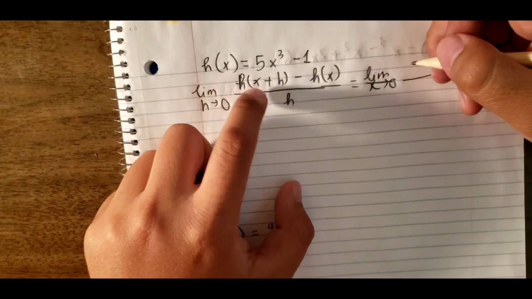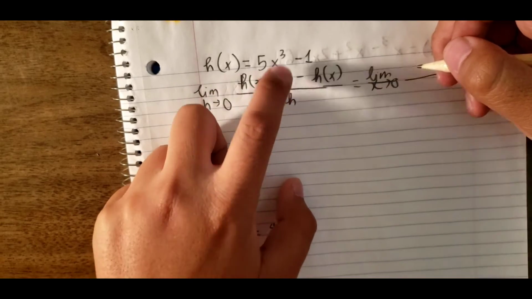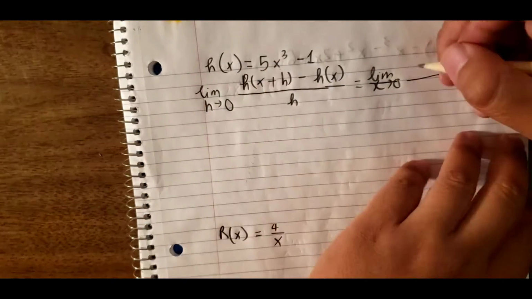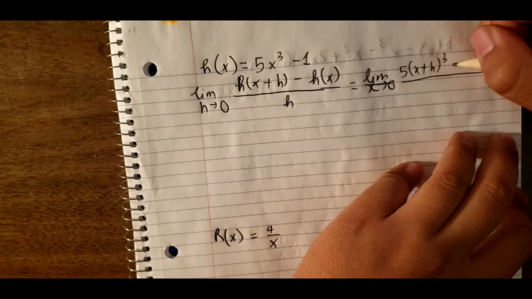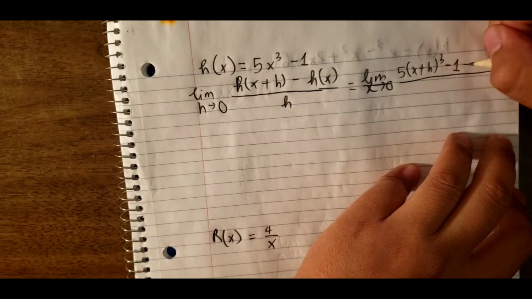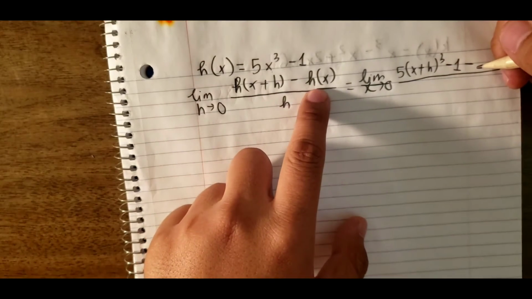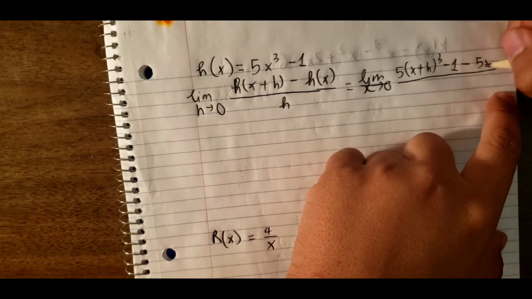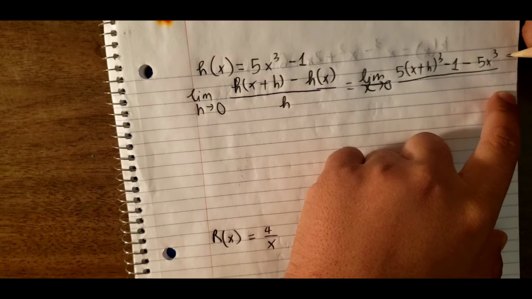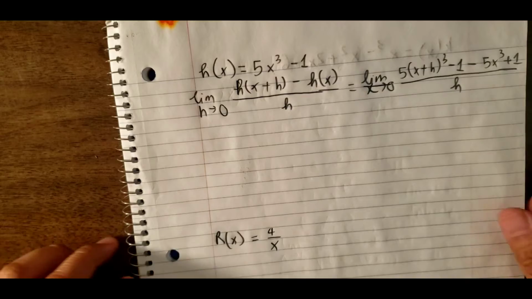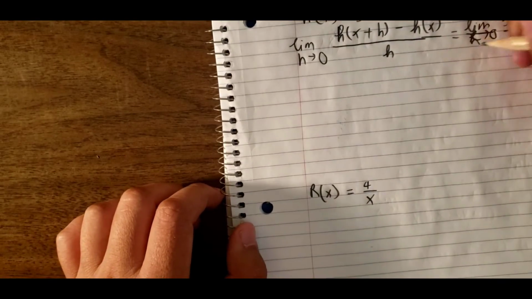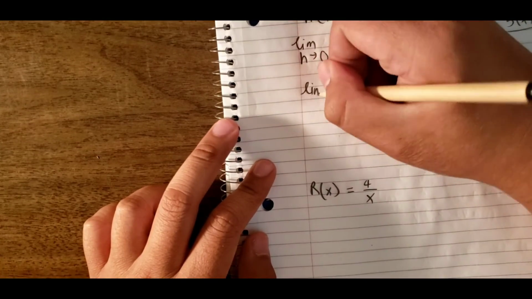With this function, we put s plus h inside the s power 3. So we have 5 times s plus h power 3 minus 1. We have the function in here, that's minus 5s power 3 plus 1. We have the limit again.